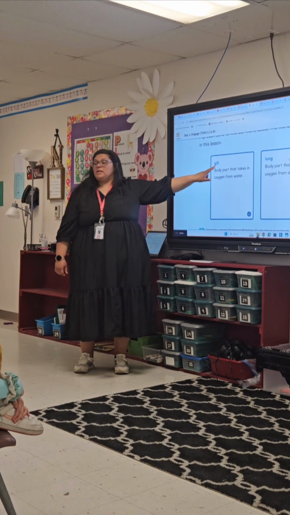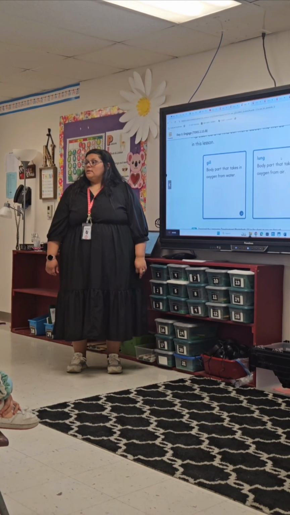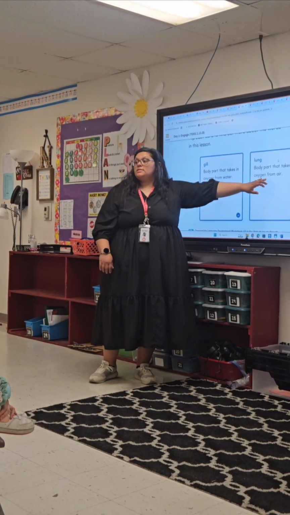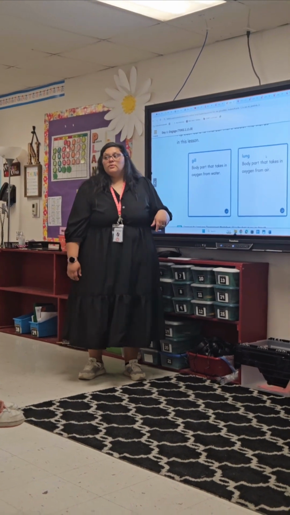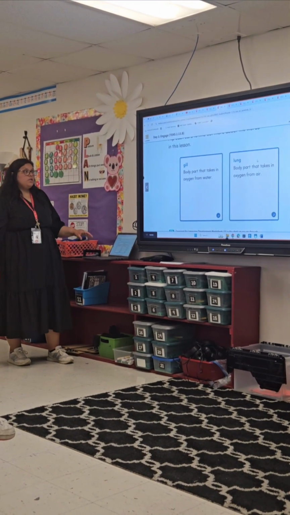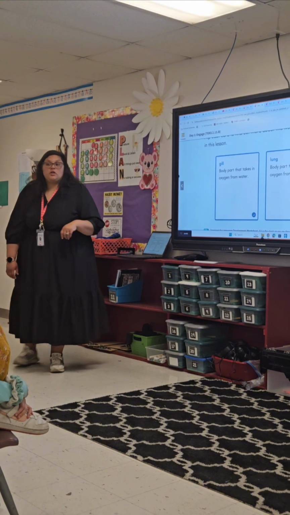Okay, so fish would be using their gills. Yes, Aubrey. No, what body part? So what animals, mammals? What uses a lung or lungs to take in oxygen from air?